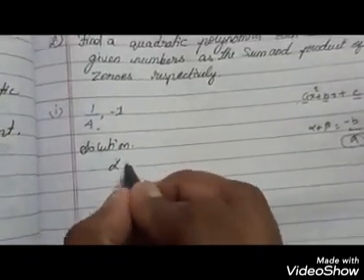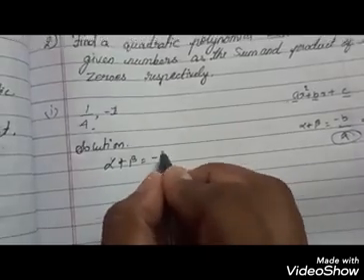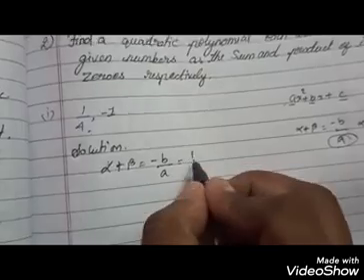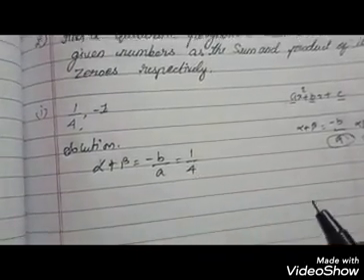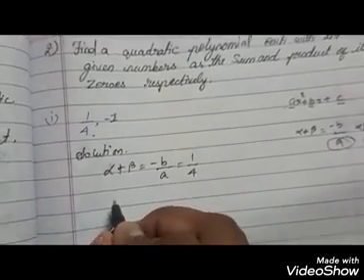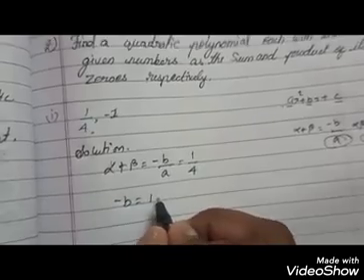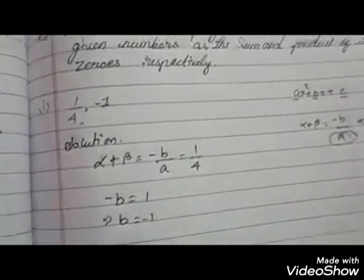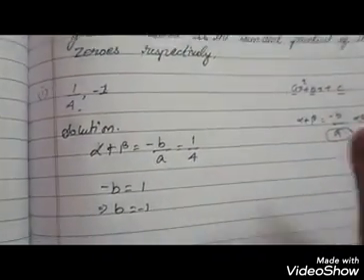That means alpha plus beta, which is equal to, the formula is minus b divided by a, which is equal to 1 by 4. So here the a value is 4. So you take it as minus b, which is equal to 1, which implies b equal to minus 1. So we take b first because b is different and c is different.